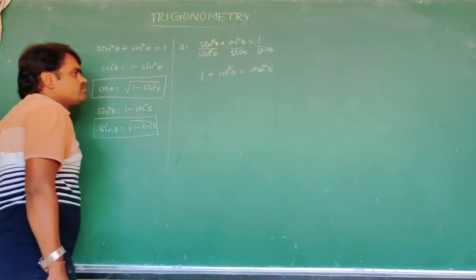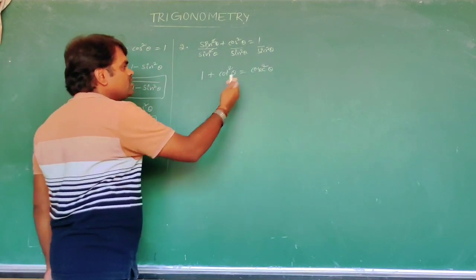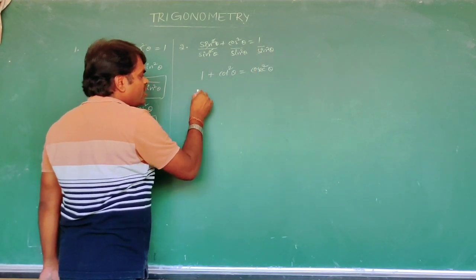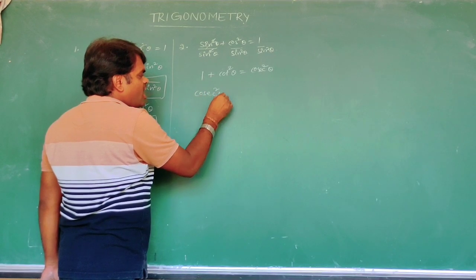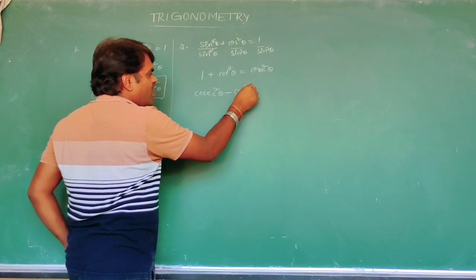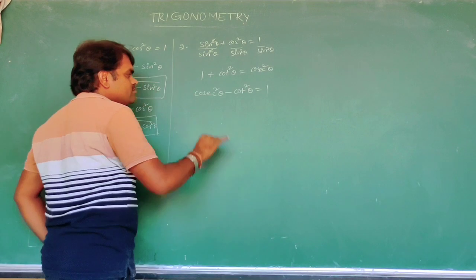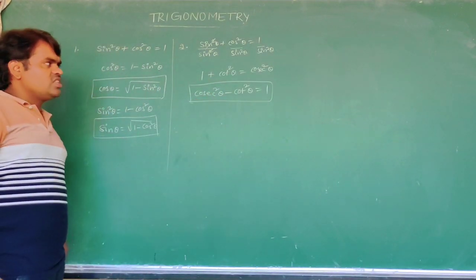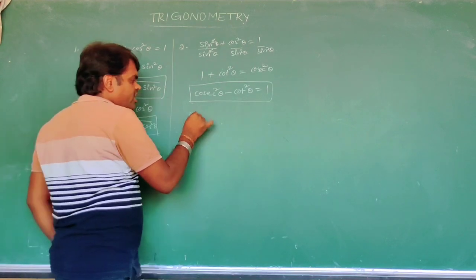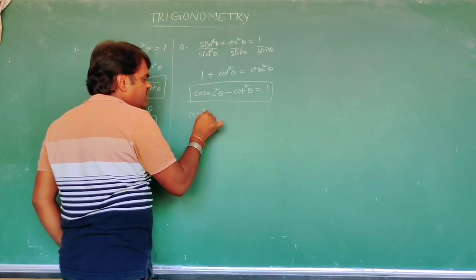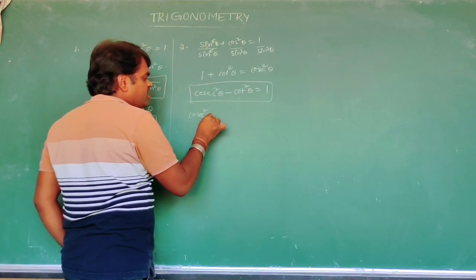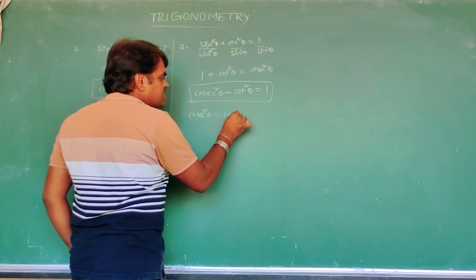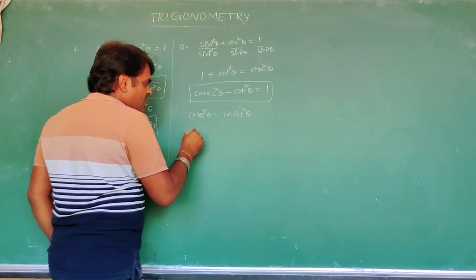Then move this to that side: cosecant square theta minus cot square theta is equal to 1. A very important formula. Cosecant square theta is equal to 1 plus cot square theta.